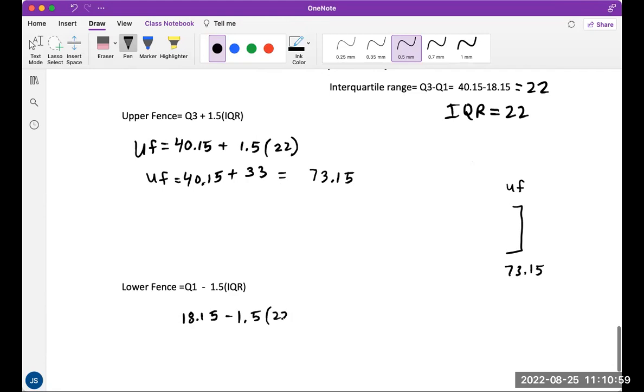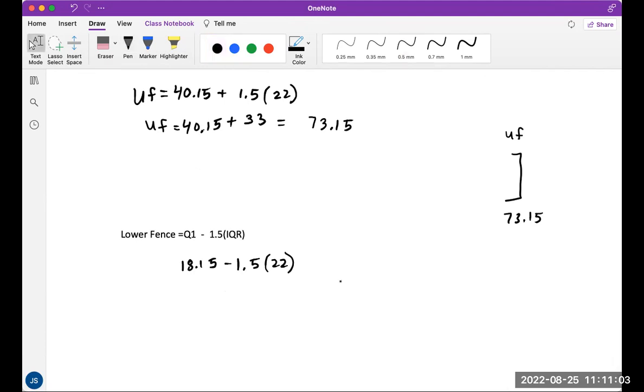IQR is 22. It's just like the previous problem. So 1.5 times 22 is going to be 33 again, same as above. And then I just do 18.15 minus the 33.